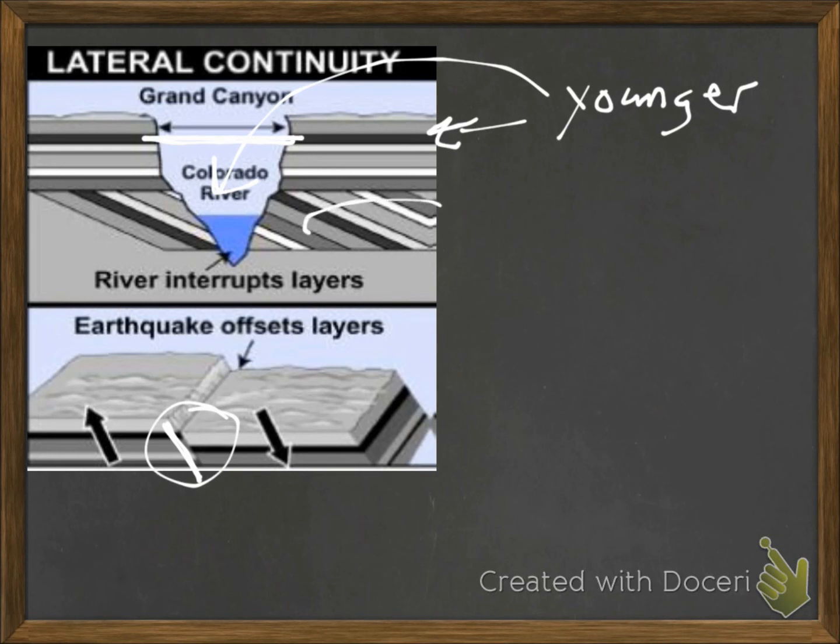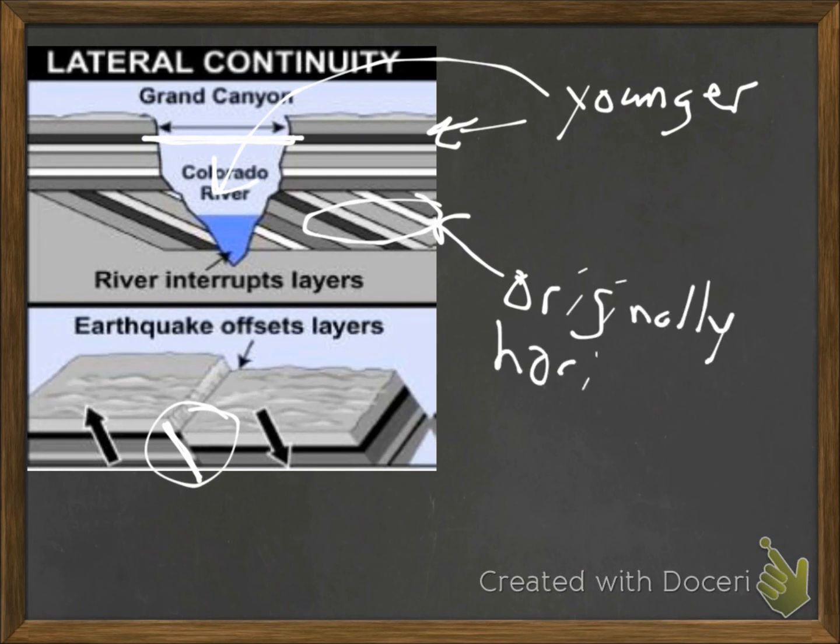On the bottom here, we can see, just as a review, an example of what we can glean from the principle of original horizontality. The layers on bottom here were originally horizontal.